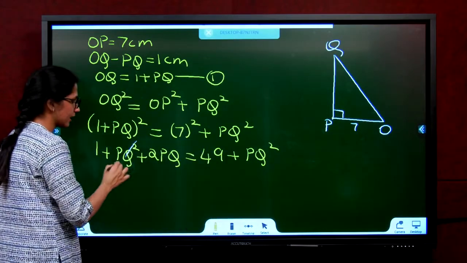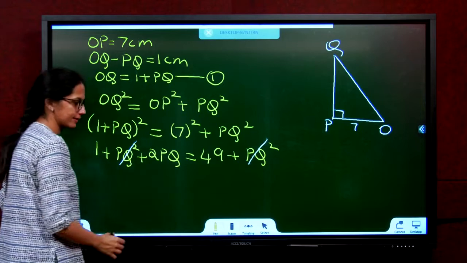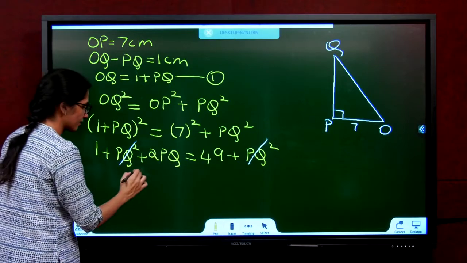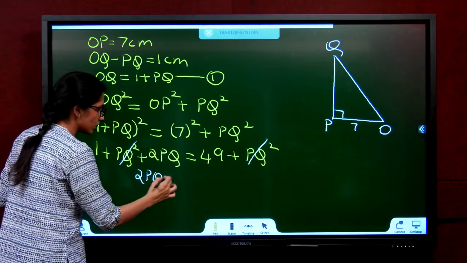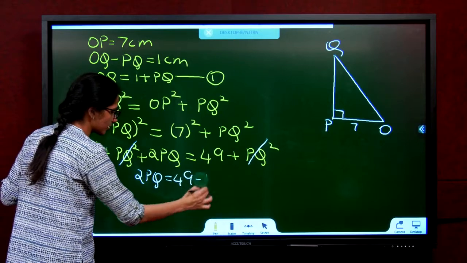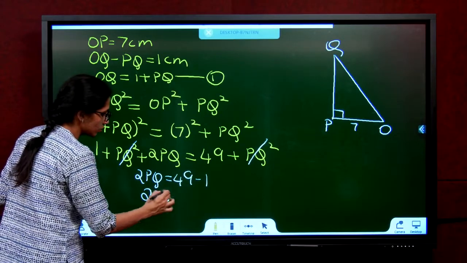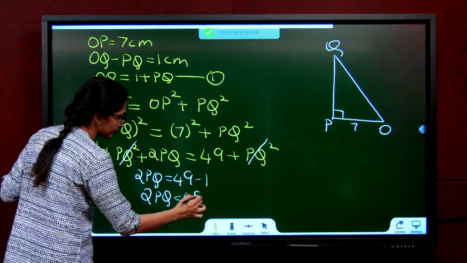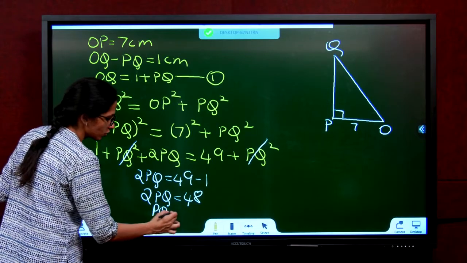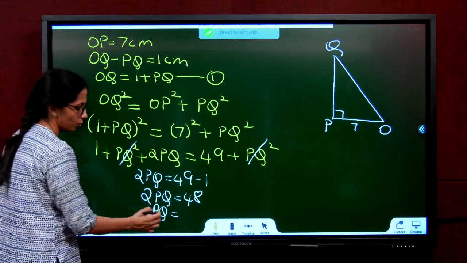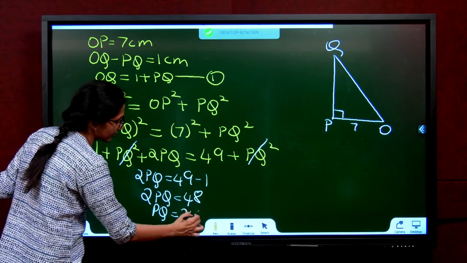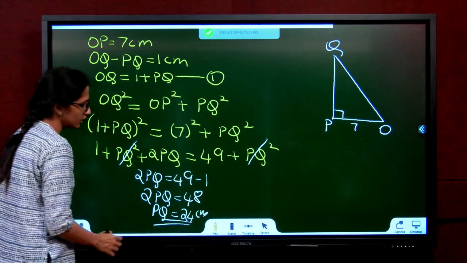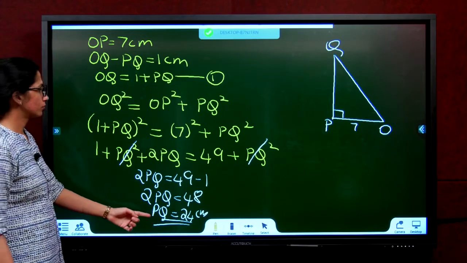PQ square same, cancels. Send the 1 that side. 2PQ is 49 minus 1. 2PQ is 48. What is PQ? 48 by 2. 24 centimeters. I got PQ.